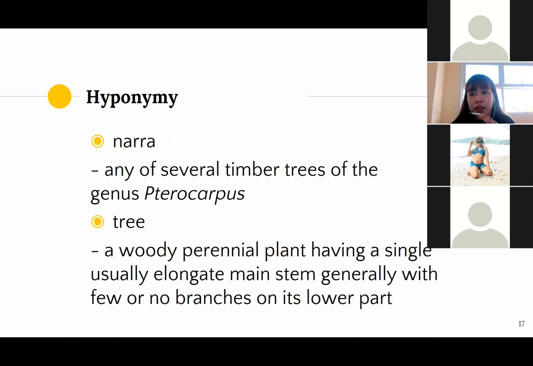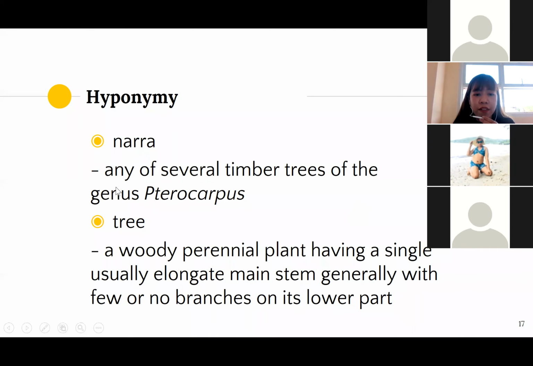So in the definition of tree, we do not mention Narra. Kasi it's not exclusive to Narra lang, since there are a lot of species of trees, hindi lang exclusive sa Narra.